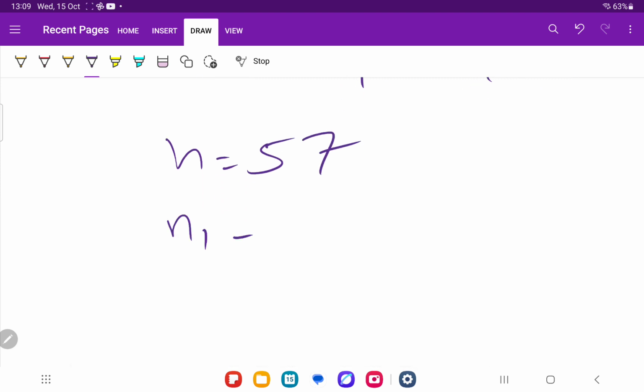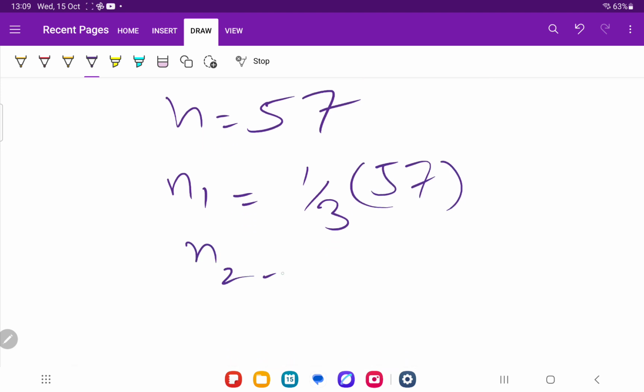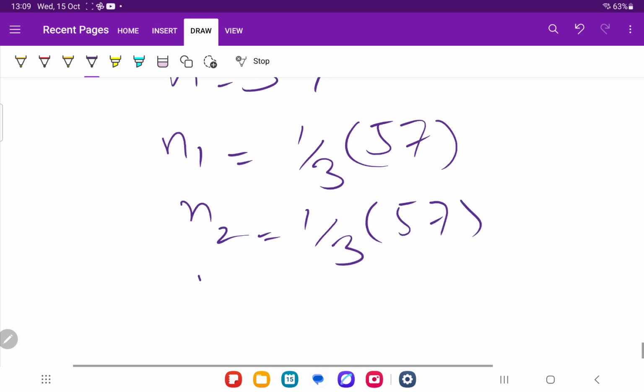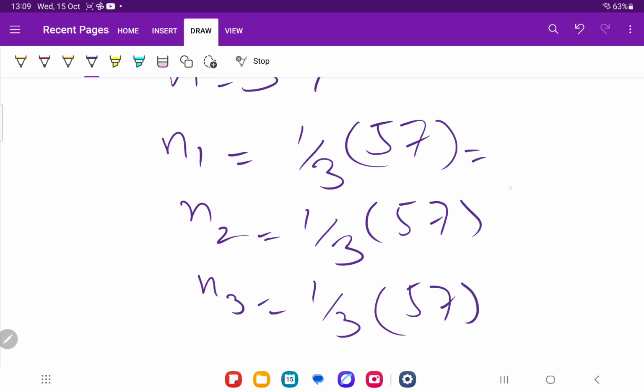So what is n1? 1/3 of the 57. What is n2? 1/3 of the 57. And what is n3? 1/3 of the 57. So that is the allocation for each stratum, the sample size for each stratum.